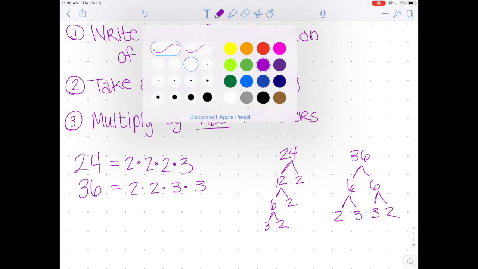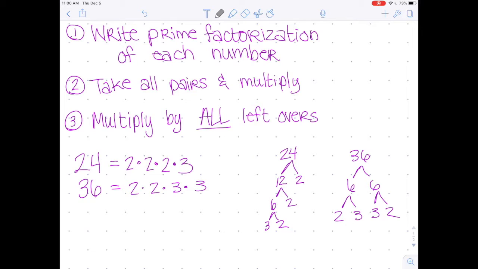So now I need everything that is a pair. So first I'm going to take these 2's and these 3's. So I have 2 times 2 times 3. 2 times 2 is 4, times 3 is 12. Then I need to take all the leftovers. So I've got a 2 and a 3 left over.